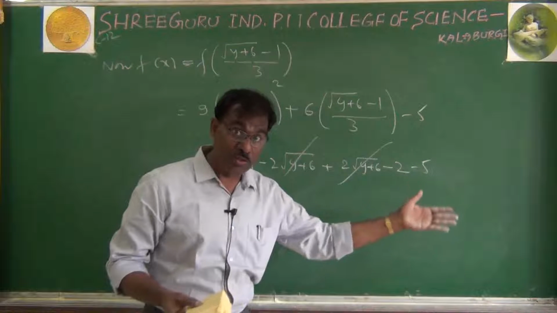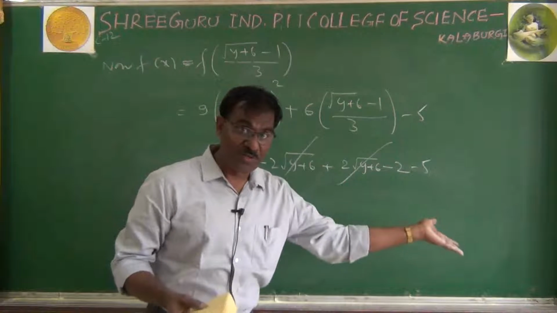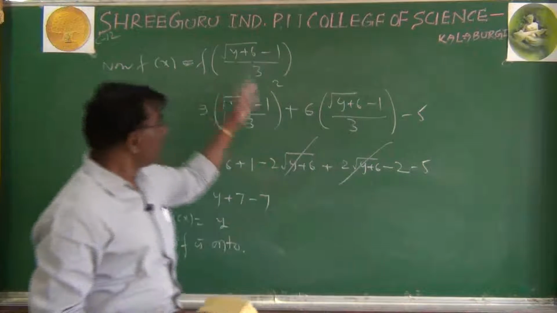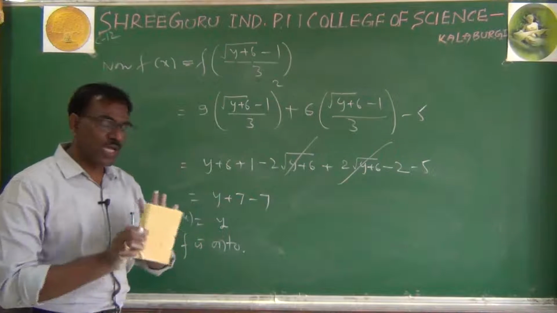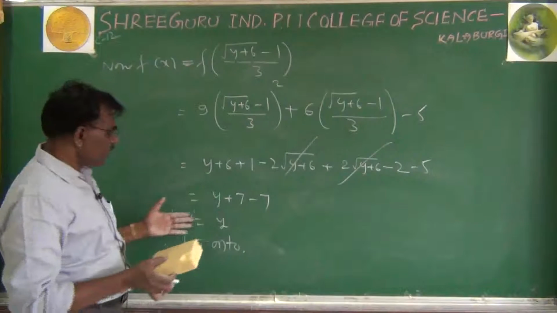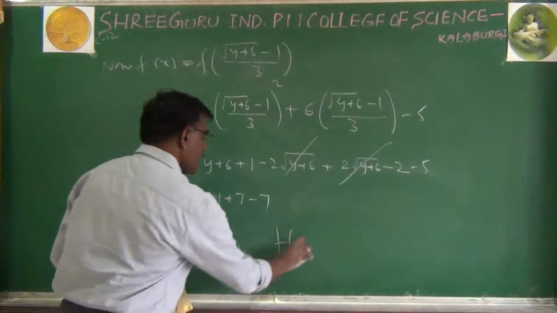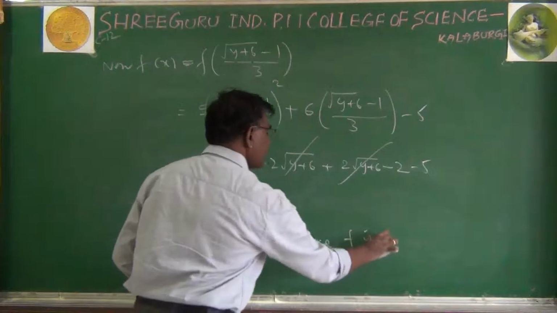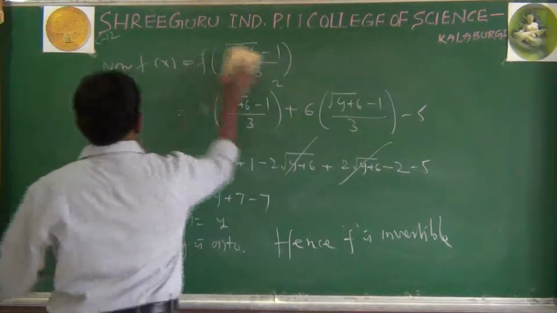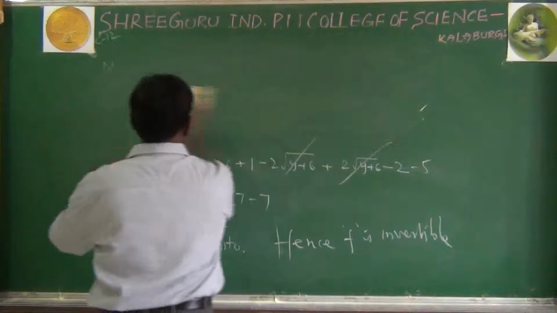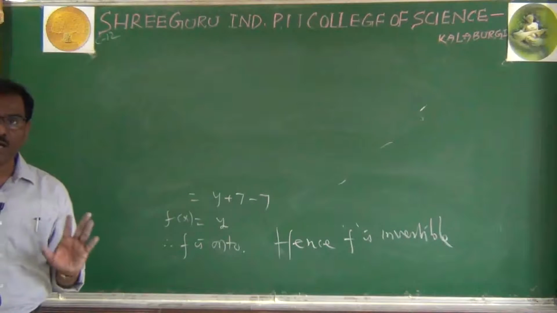Even some students write every element of the codomain has its pre-image, f is onto. But here when you prove this, there is no need for any reason. So f of x is y, we know that f is onto. Hence f is invertible. When you say f is invertible, the function f is one-one and onto.